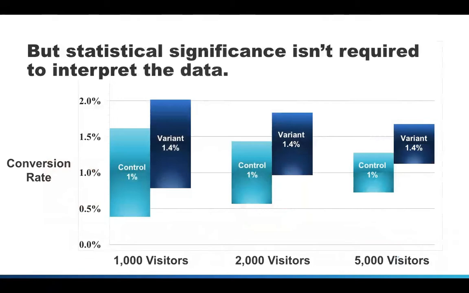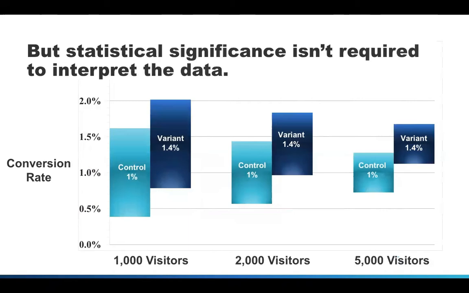So on the left, conversion rate, and you can see that at 1,000 visitors, control is 1%, variant is 1.4%, but the bars are taller, and this is called the confidence interval. A confidence interval is just another way to look at the kind of inferences you can make from the data.